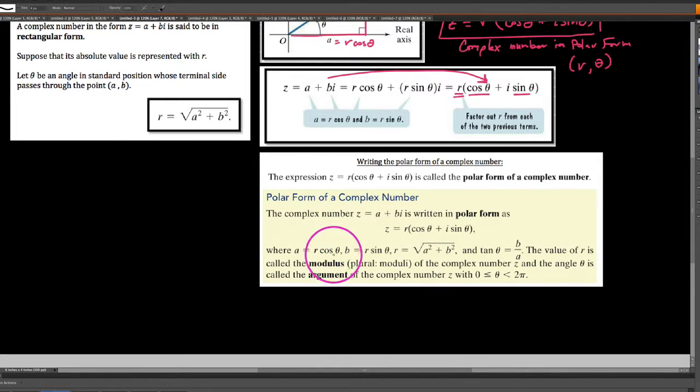Some things to mention down here that are really important are these. If we want to know what r cosine theta and r sine theta are and how they are related to a and b, we have these two relationships right here. Also, if we know a and b, we can find r, which is a necessity here, and we can also find theta right here.